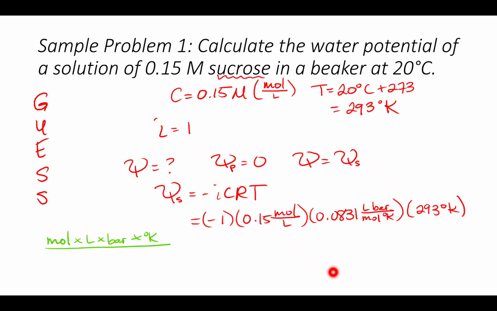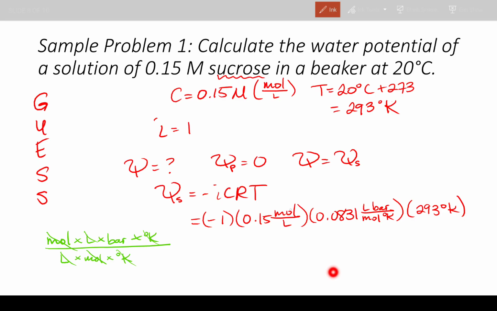On the bottom of my fraction, I have liters times moles times degrees Kelvin, and that's it. Remember, anything that's on the top of a fraction and on the bottom of a fraction cancel each other out. So I can cancel out my moles, my liters, and my degrees Kelvin.